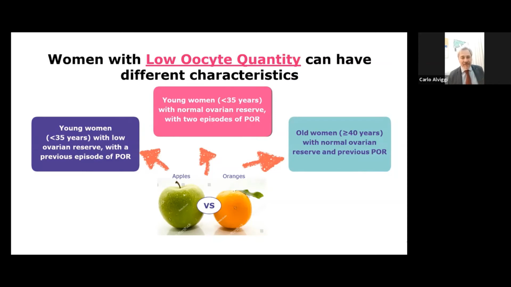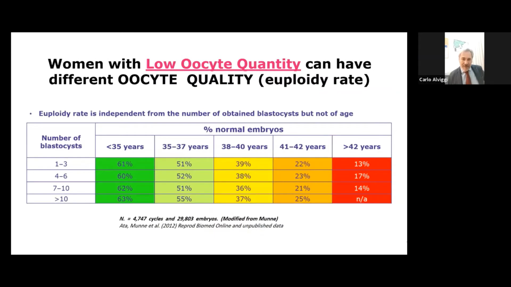basket, in my opinion. Another problem, if I can have the next slide. The other problem is that in the Bologna criteria, the age cutoff is 40 for defining elderly, low prognosis patients. But if you look at the first line here, the rate of euploidy in blastocysts is reported.